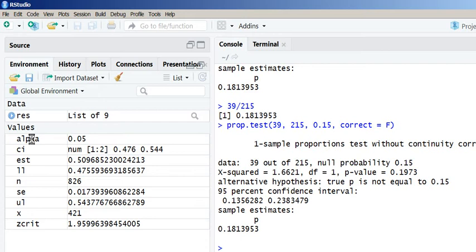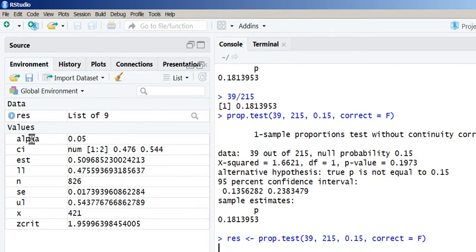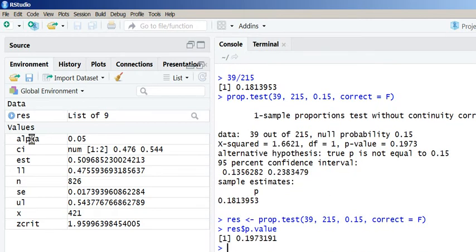The p-value that we have is 0.1973. If we again save this in the result, res.p-value, there it is, 0.1973 is too high, and we don't have evidence against the null, so we fail to reject the null.